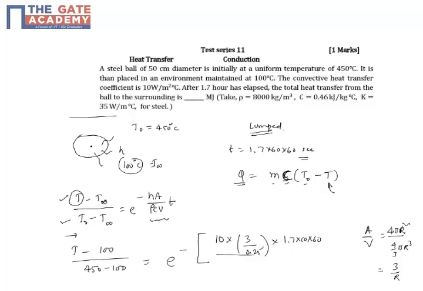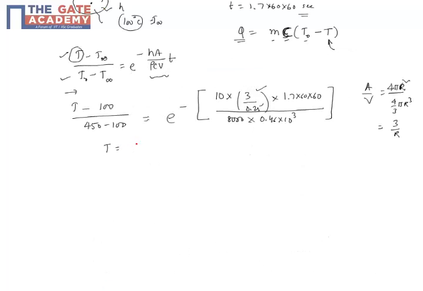So we have substituted, and density we know is given as 8000, steel's density, and specific heat is 0.46 kilojoules, so 10 power 3 there, and A by V we have replaced with 3 by r. So we have substituted everything. Now when we solve this we get a temperature of about 368.68 degrees Celsius. Remember, it's just the ratio that matters here.